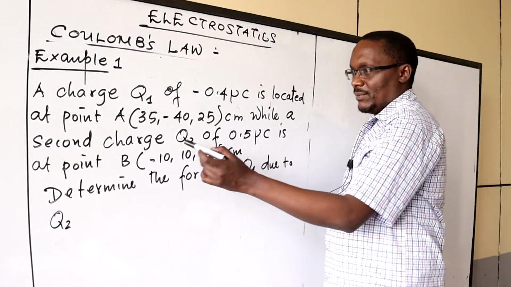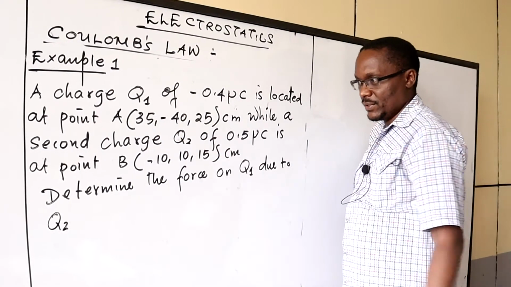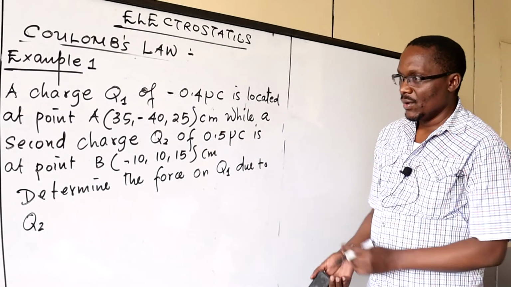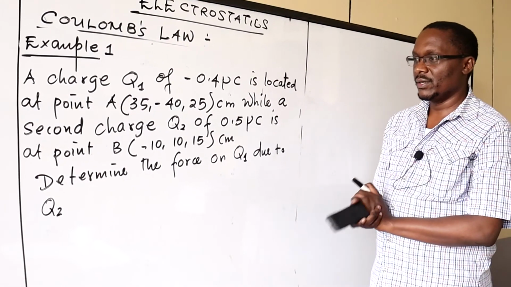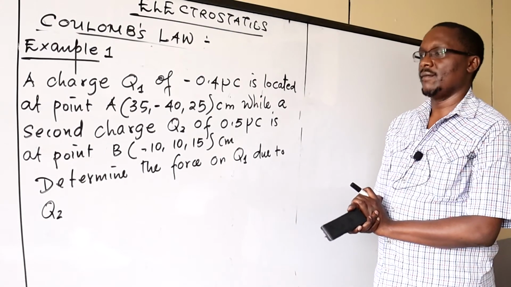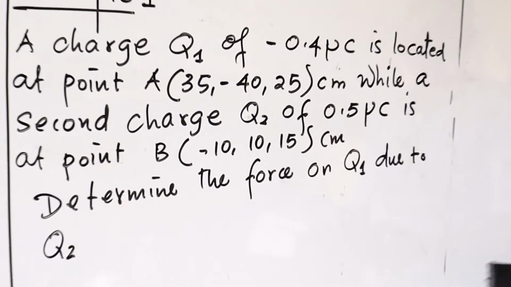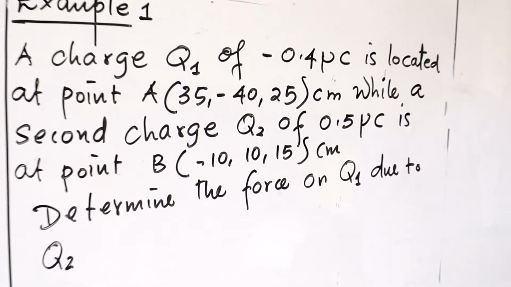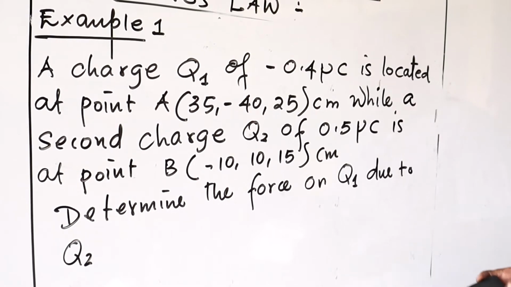So point A has coordinates 35, negative 40, and 25 centimeters, while a second charge Q2 of 0.5 microcoulomb is located at point B with that coordinate, then you're told to determine the force on Q1 due to Q2.